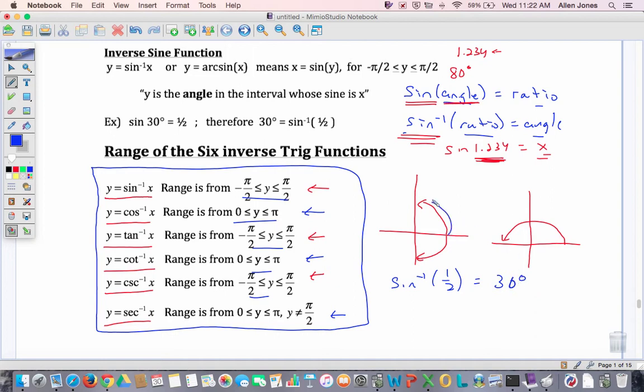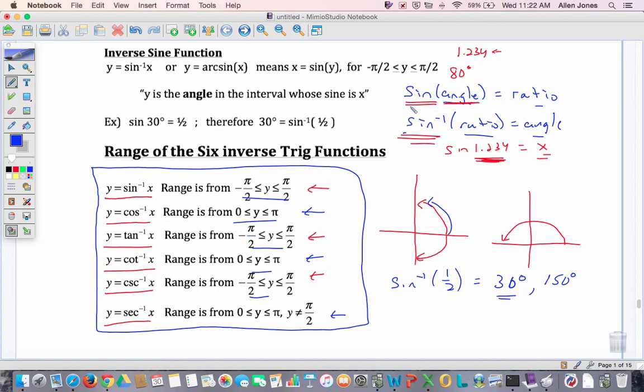Okay, that range was programmed in from 0 to 90. In the ambiguous case, we also had to check whether its supplement, 150, would work. But because we're written in inverse form, we're just looking for this angle, so our calculator has each of these ranges set up for us to follow.